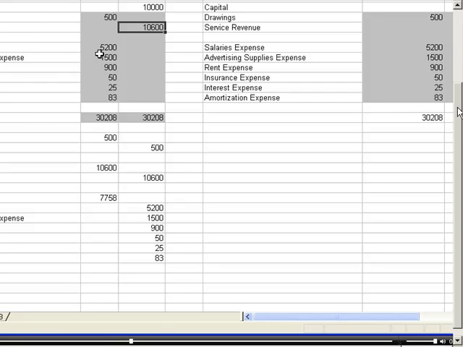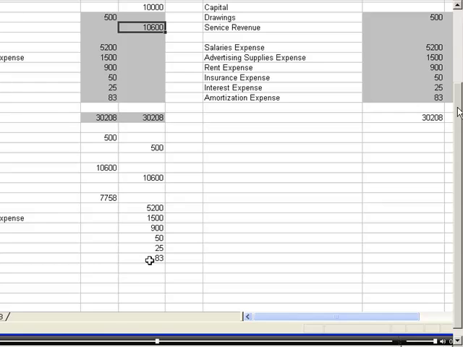So if I want to bring this salary expense debit to zero, I need to credit salary expenses by $5,200, which is what I'm doing here. I need to credit advertising supplies expenses, which is what I'm doing here. See, I'm putting all my expenses together in one journal entry just to save myself some work, okay?